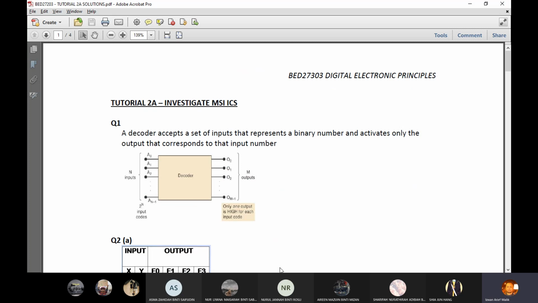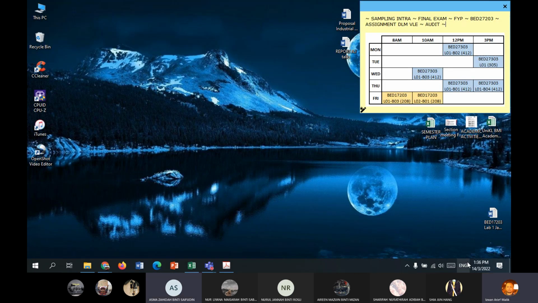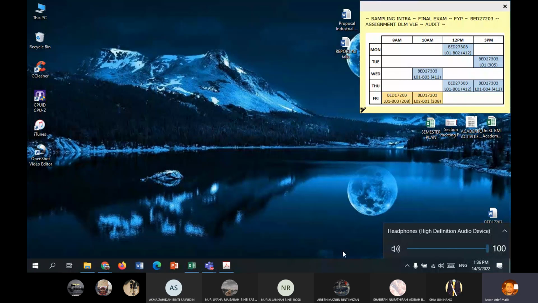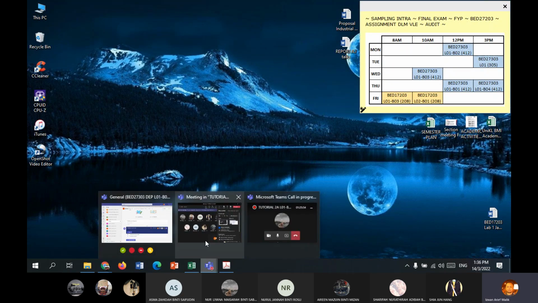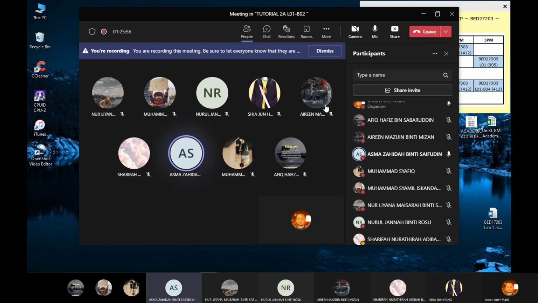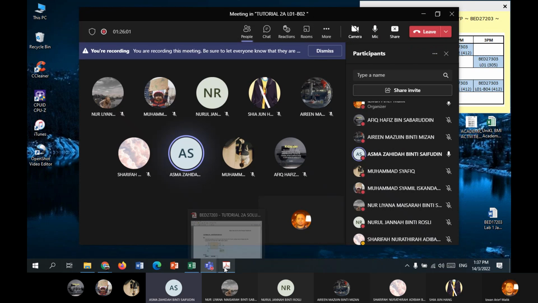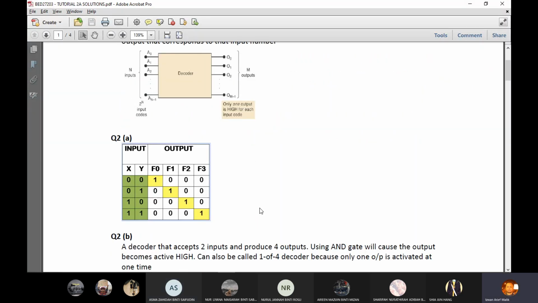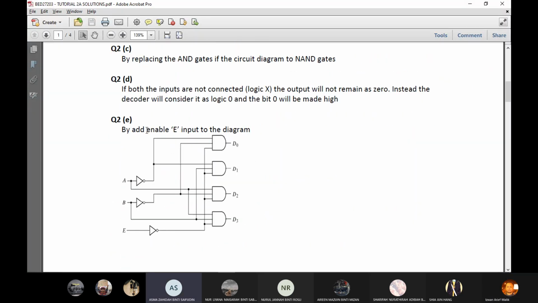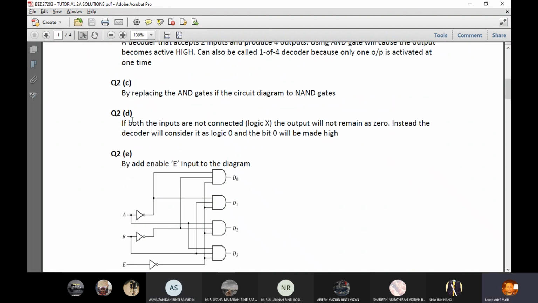Untuk 2E tak saya kata. Tak dengar. Kuat sikit. Sekarang dengar tak sir? Dengar. Boleh tak kalau 2E tu saya kata cannot make 3 to 8 line decoder. Sorry sir, 2D. 2D, okay.